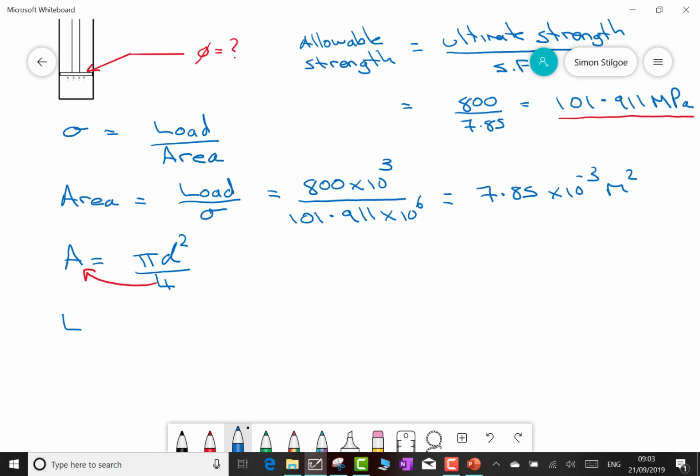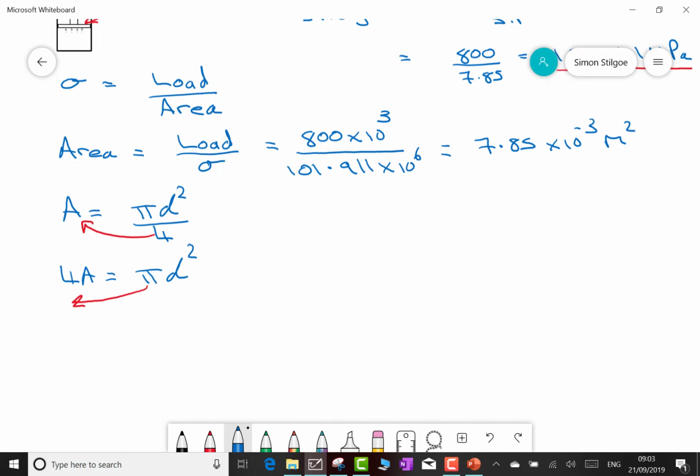So that's now going to give me 4A equals pi d squared. The next thing I'd want to do is take the pi away from the d, and it's a times over on the right hand side, so if you move it to the left it becomes divide. So now my formula is looking like 4A over pi is equal to d squared.